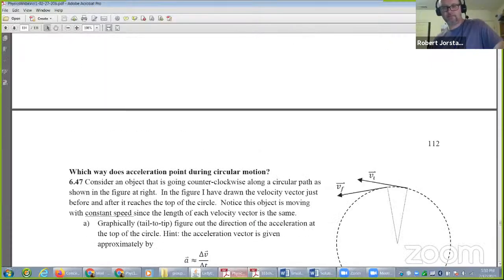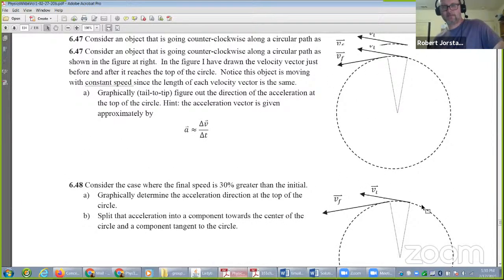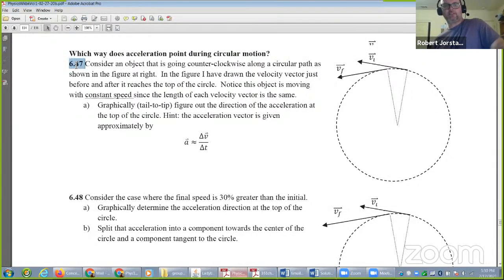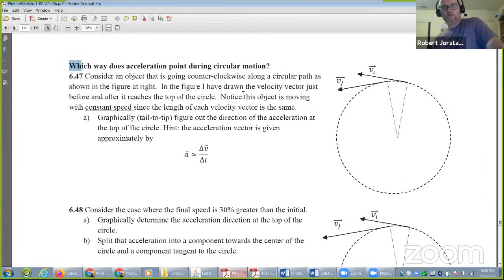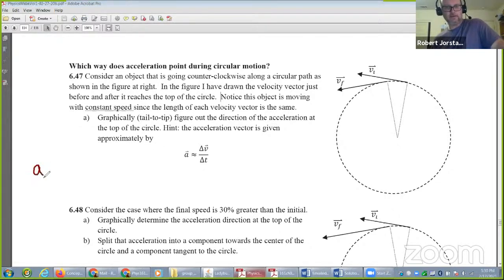Okay, let's look at a problem here. 6.47. This is just the next page, 112. Let's try to get a feeling for this. We know that A is related to the change in velocity over the change in time.